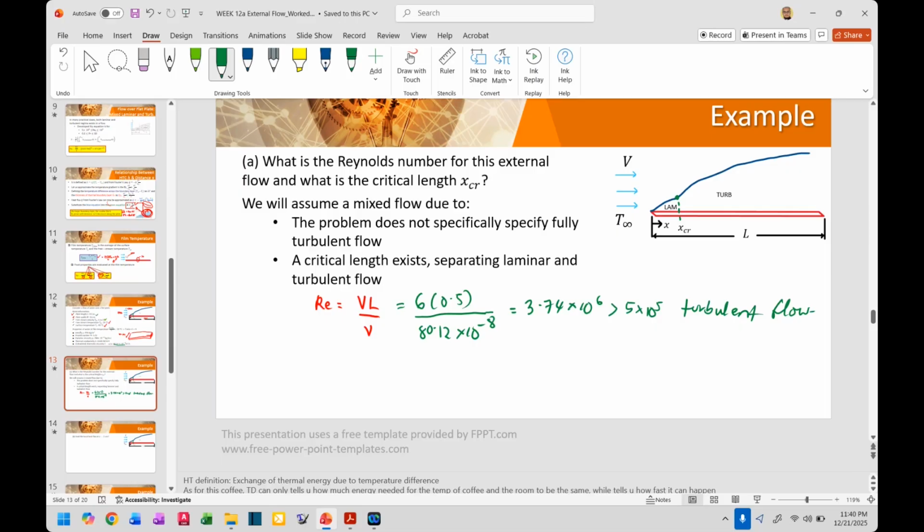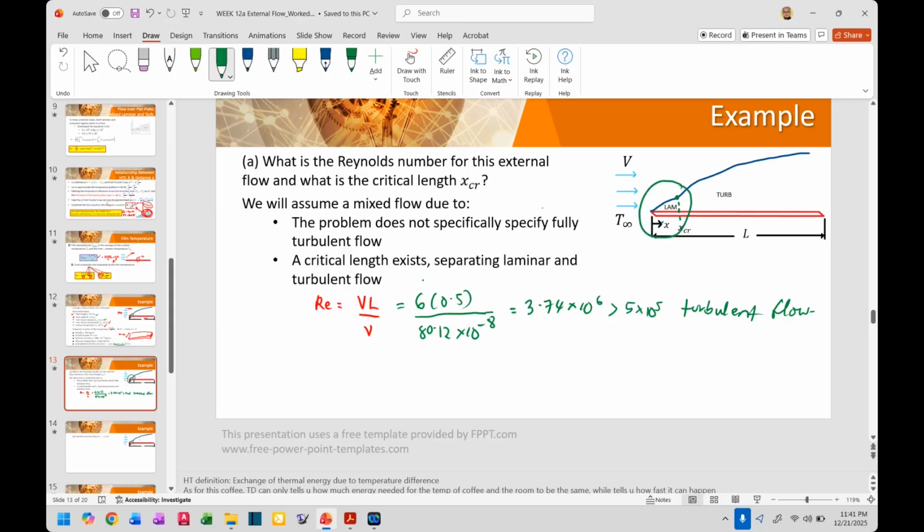The reason is you cannot simply assume it's a fully turbulent flow because we do not know how much of the portion of the laminar flow there is in the problem, unless the problem states clearly that this is a fully turbulent flow.